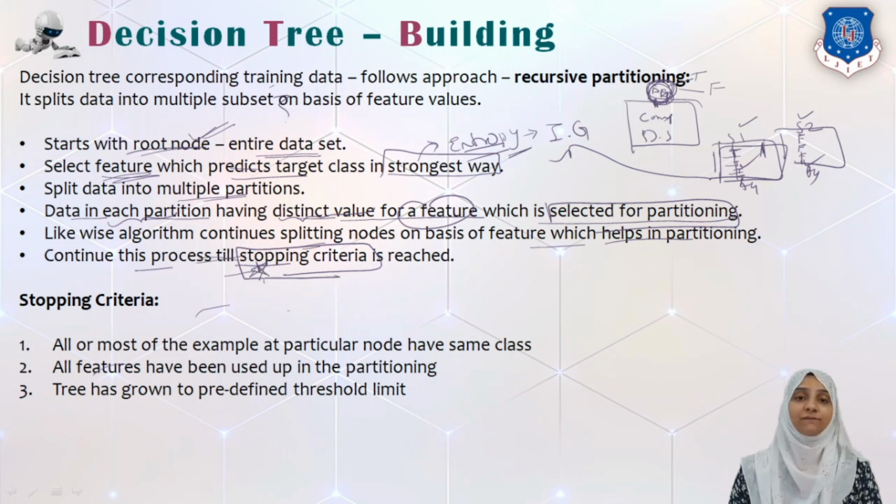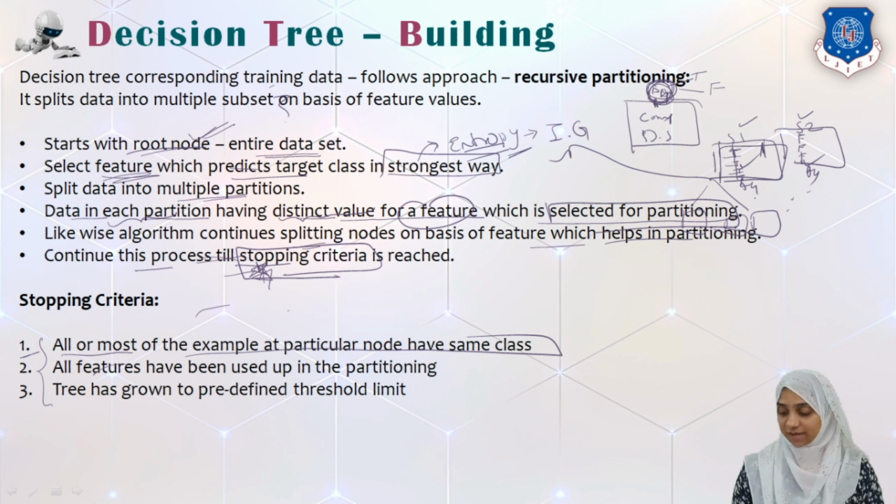We do not stop only when we cannot calculate two or more partitions. There are three different stopping criteria, and any can be used as per the requirement of the problem. The first criterion says that all or most of the examples at a particular node have the same class.